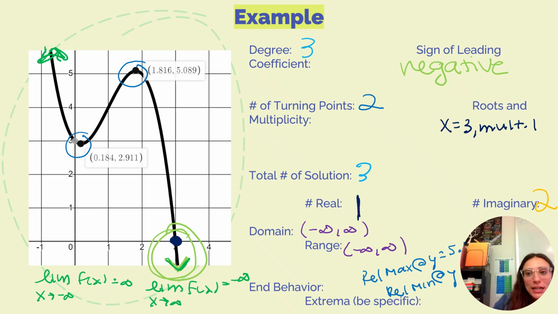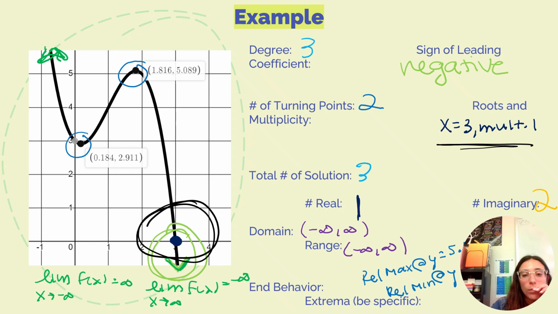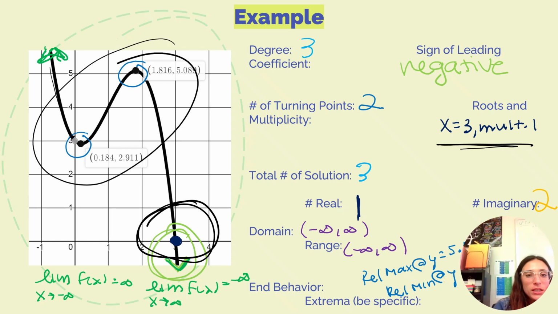All right, and then there's the example. This one's a little tricky, I will admit. So the degree is 3, which means there's a total number of 3 solutions. Why is the degree 3? Right here, we have 1 real solution. X equals 3, multiplicity of 1. Right here, we switch from decreasing to increasing, back to decreasing, and we never cross that x-axis.